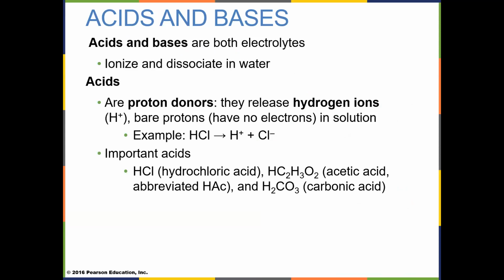The more hydrogen ions that a substance releases when it dissociates, when it breaks apart, the more acidic it is. So hydrochloric acid can be, based on its concentration, very acidic and a strong acid because it gives off lots of hydrogen ions.